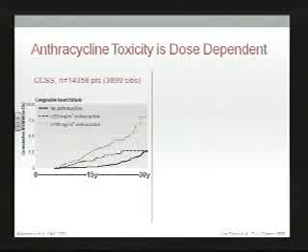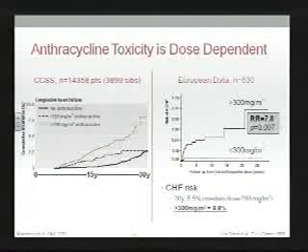The anthracyclines' toxicity, at least in measurable things, seems to be dose dependent. As you see here, this green line shows patients who receive more than 250 milligrams per meter squared versus less than that in the red line, and there's a significantly increased cumulative incidence of congestive heart failure. The Europeans actually have similar data as well, showing a relative risk of almost 8 in patients who receive more than 300 milligrams per meter squared of anthracycline.